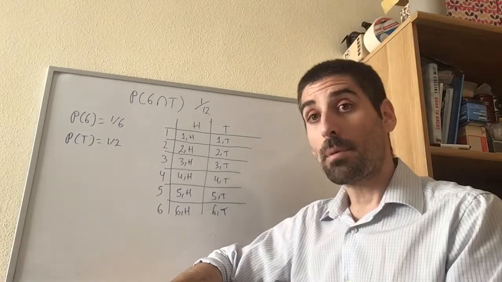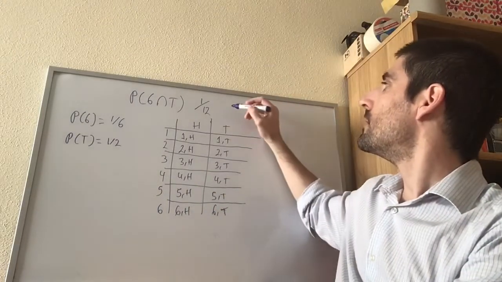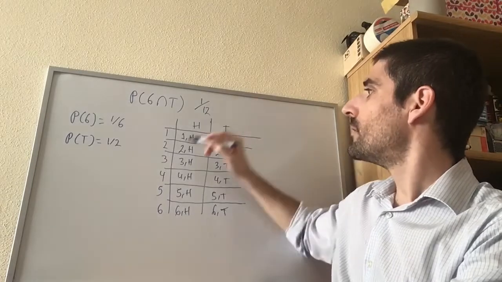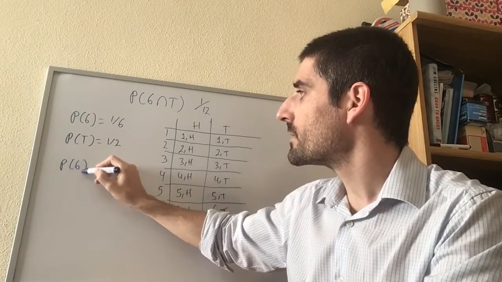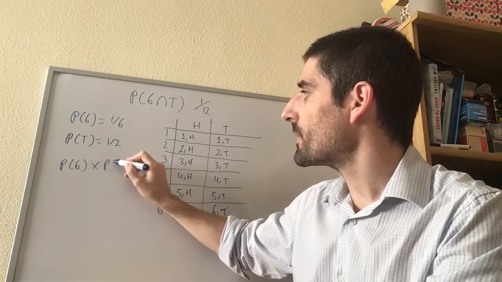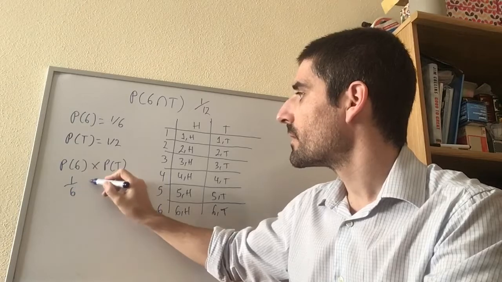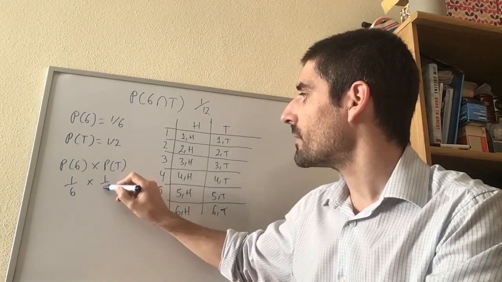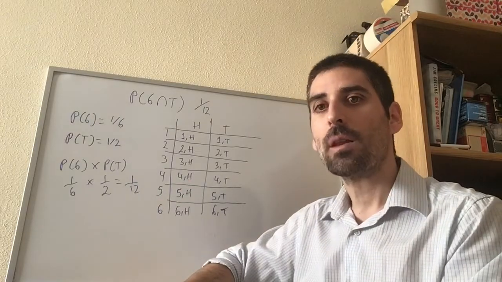Right, well, the probability of 6 and tails, which is 1 out of 12, is the probability of a 6 times the probability of tails, because 1 in 6 times 1/2 is 1/12.